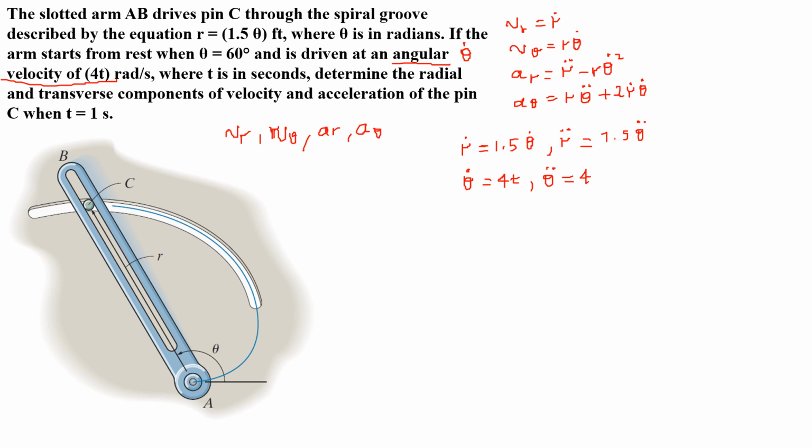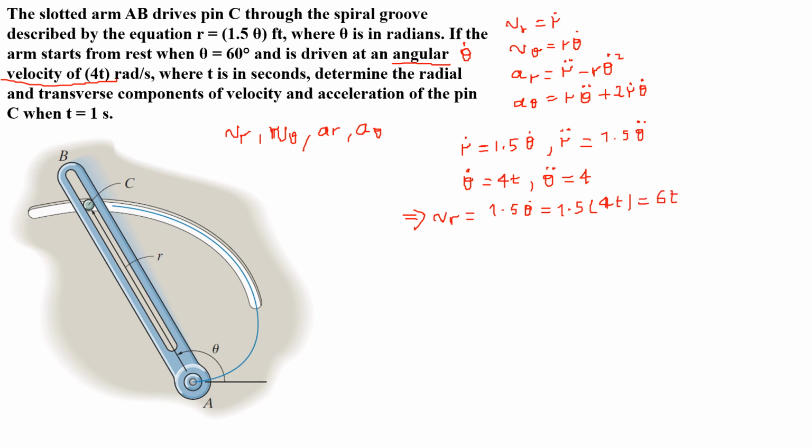Vr is simply 1.5 theta dot, and we can replace theta dot by 4t. So 1.5 times 4t is simply 6t.